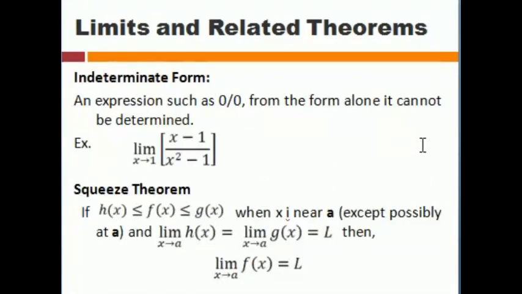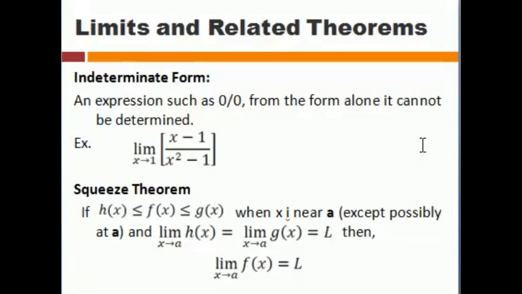Next, indeterminate form. An indeterminate form is an expression such as 0 over 0. From the form alone, it cannot be determined. Example, the limit of x minus 1 over x squared minus 1 as x approaches 1. This is indeterminate because if you substitute 1 in the numerator, x minus 1, 1 minus 1 is 0.